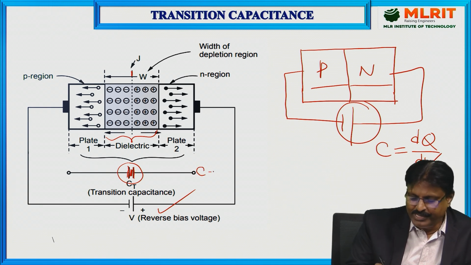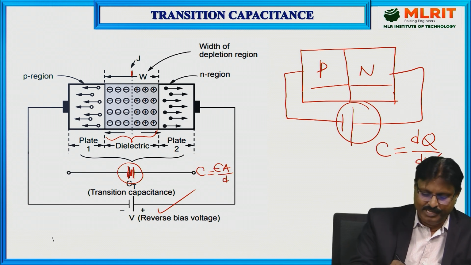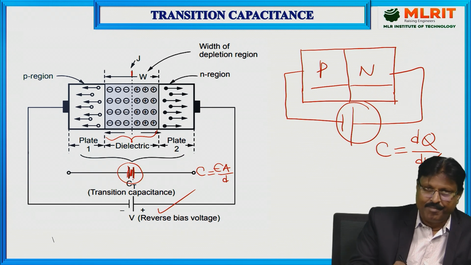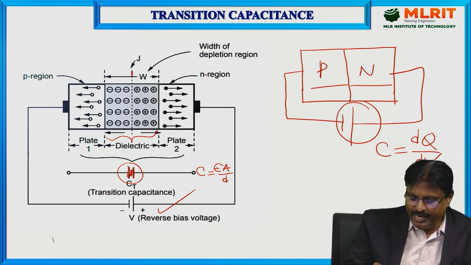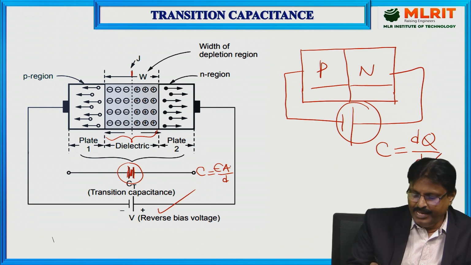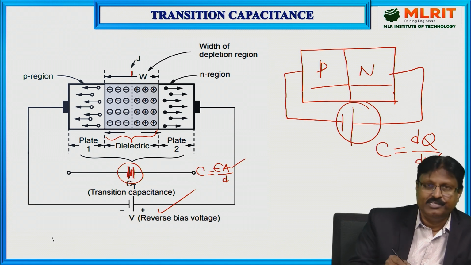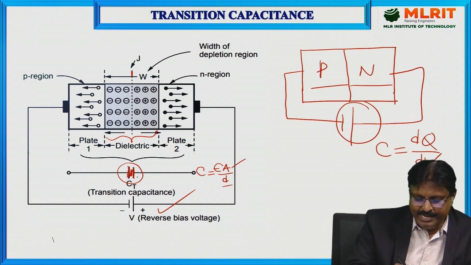The capacitance formula for a parallel plate capacitor is C is equal to epsilon A by D, where epsilon is the permittivity of the dielectric medium, A is the area of the plates, and D is the distance between the plates.